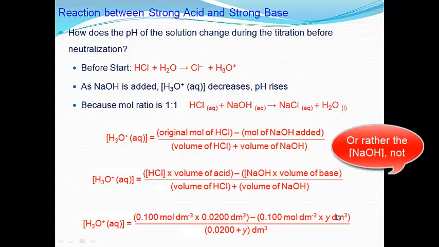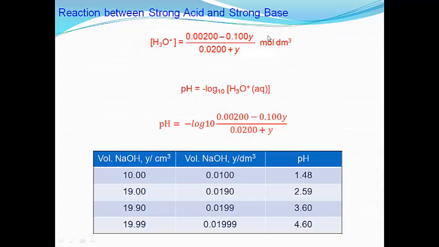Now notice that we are using dm cube. We are converting from centimeter cube to dm cube. Inserting our values and doing our simple math, we end up with the concentration of H3O plus being equal to 0.0200 minus 0.10 Y over 0.02 plus Y. Note that Y is the volume of base added, whatever that volume is.